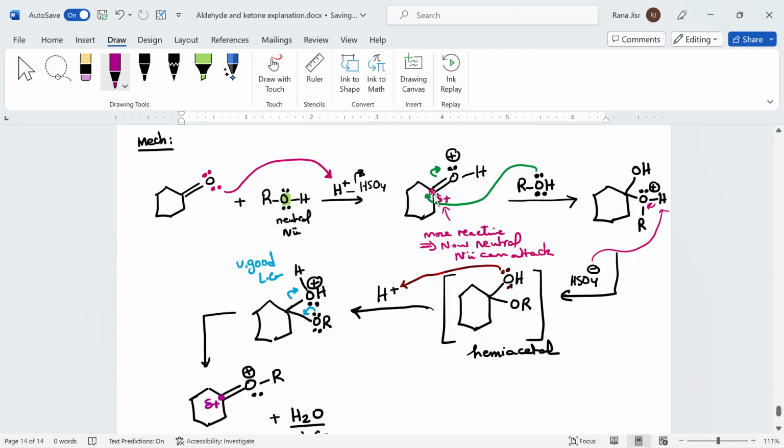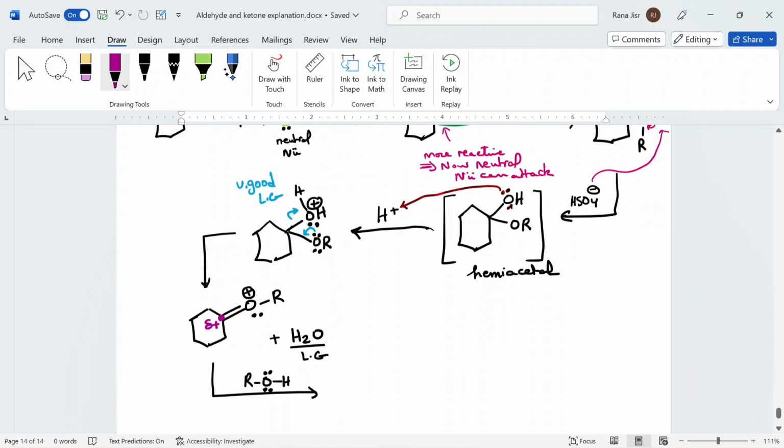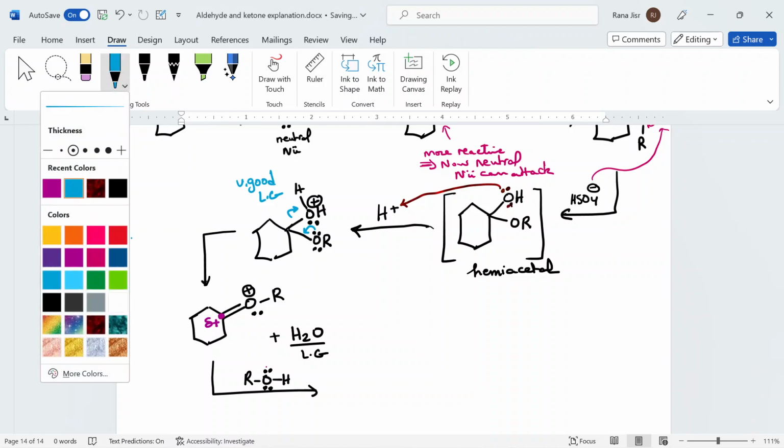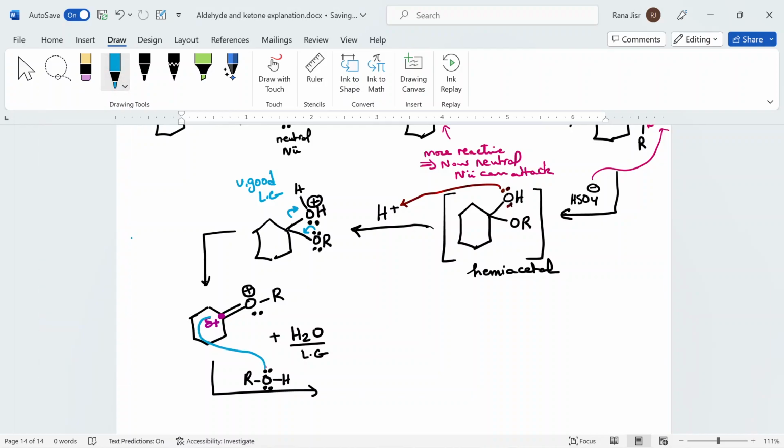So every time with the neutral nucleophiles, you want to make sure to have a very reactive partial positive carbon so that the weak neutral nucleophile can attack easily there. So now once I made that partial positive reactive electrophile, now the alcohol is going to attack. So when it's going to attack in there, it's going to attack this carbon, form a lone pair on the oxygen.